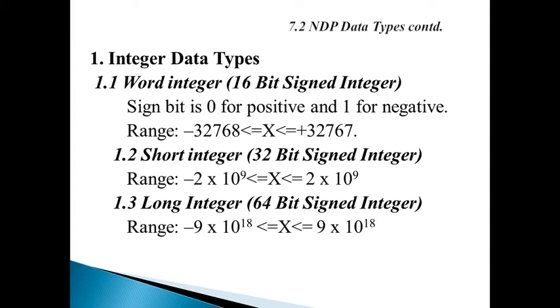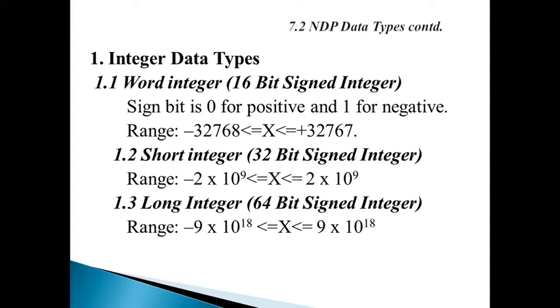Next is a short integer, which is a 32 bit signed integer. Again here the same format, 1 bit for the sign and the remaining 31 bits for the magnitude. Here the max number represented is 2 multiplied by 10 raised to 9, and the minimum number represented is minus 2 multiplied by 10 raised to 9.